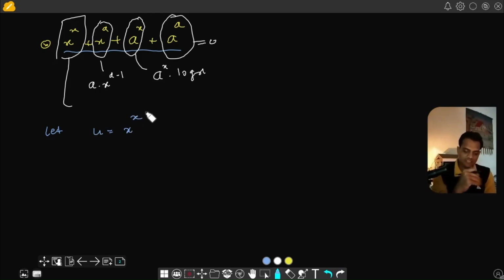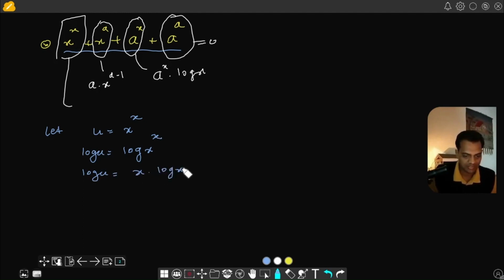Then there is a term which is in exponential form. So last time we have learned, whenever we apply the log on both the sides, the exponent comes down. So it will become log of u is equal to log of x raised to x, so log of u is equal to x into log of x.